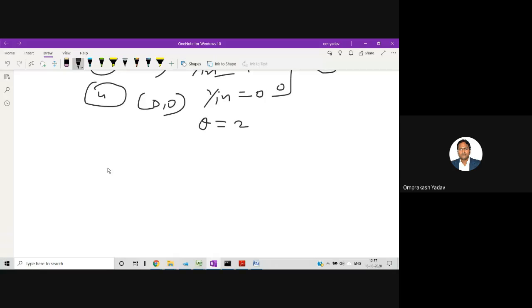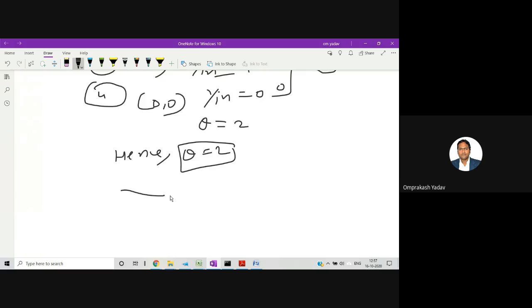And you can write over here, hence for the firing condition, after selecting theta as 2, threshold as 2, we can easily separate out the firing class from the other inhibitory classes. So whatever weights we assumed, that is right.